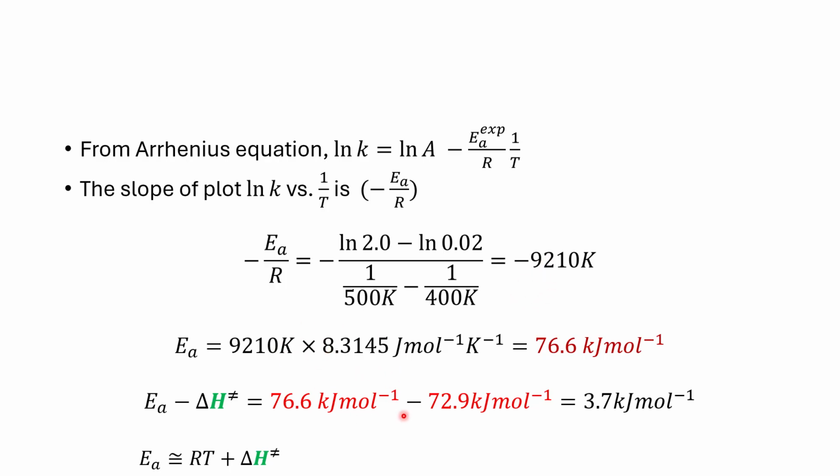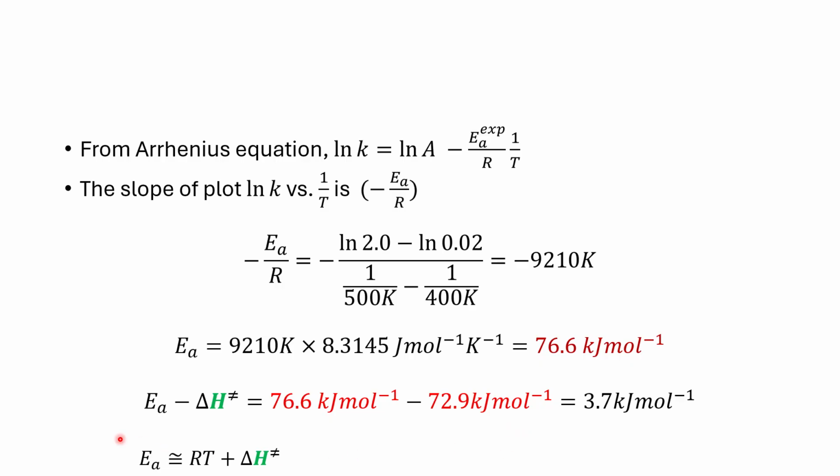Now we can compare this Arrhenius activation energy to the enthalpy of activation, delta H, that we calculated previously on the earlier slide, whereby delta H equals 72.9 kilojoules per mole.